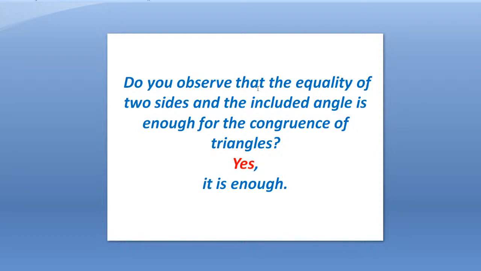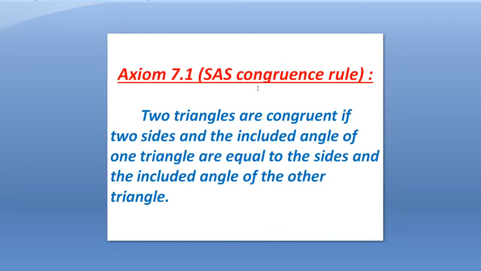So do you observe that the equality of two sides and included angles is enough for the congruence of triangle? Yes, it is enough. So what is the minimum criteria? Two sides and included angle.